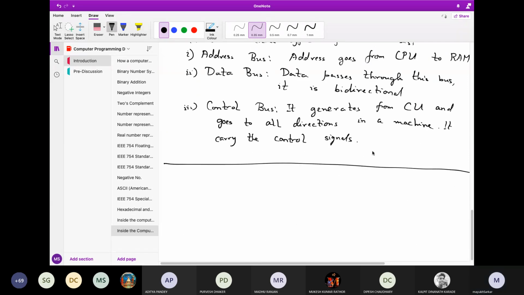Everything within a computer is synchronized with a clock signal.